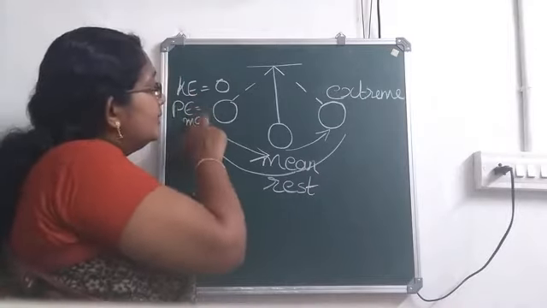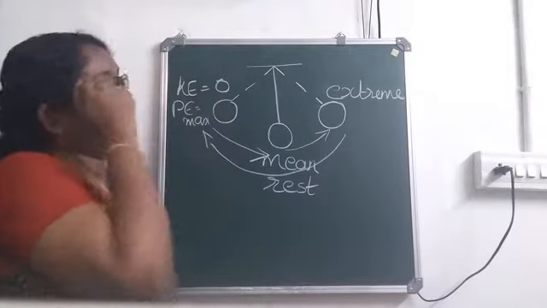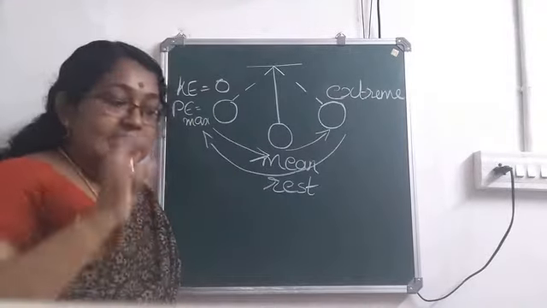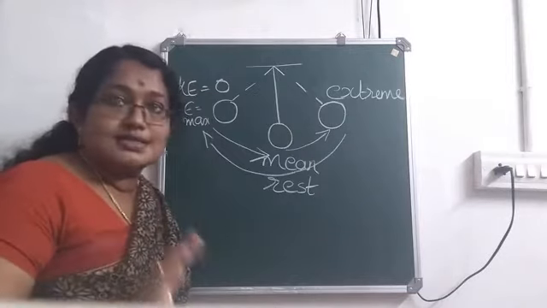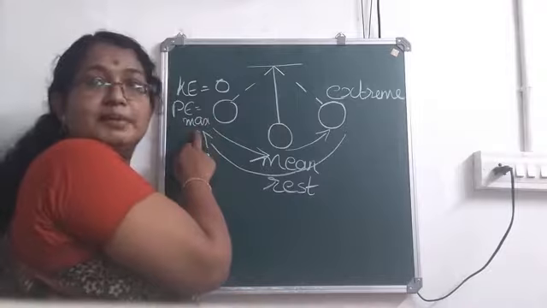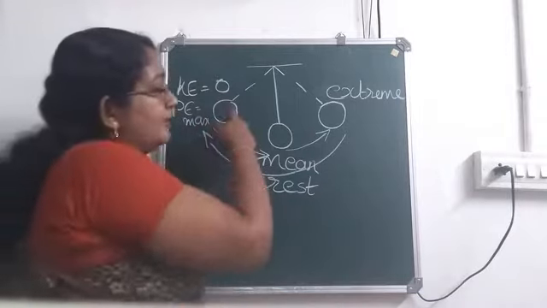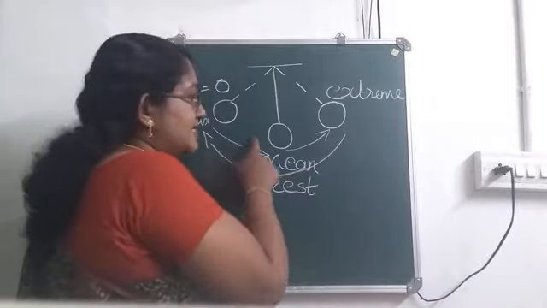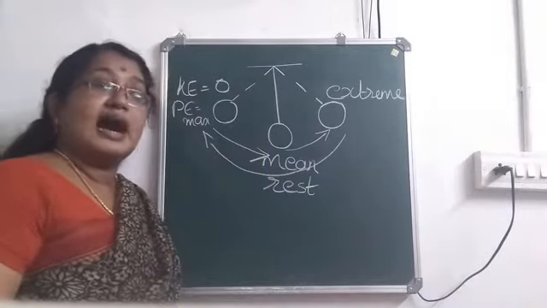So here what happens is when the bob is raised to the greater height, at first it is not moving, so it doesn't possess kinetic energy, it will be zero, but potential energy will be maximum. Now when you are releasing the bob, it moves towards the center. When it is coming down, what happens to the height?